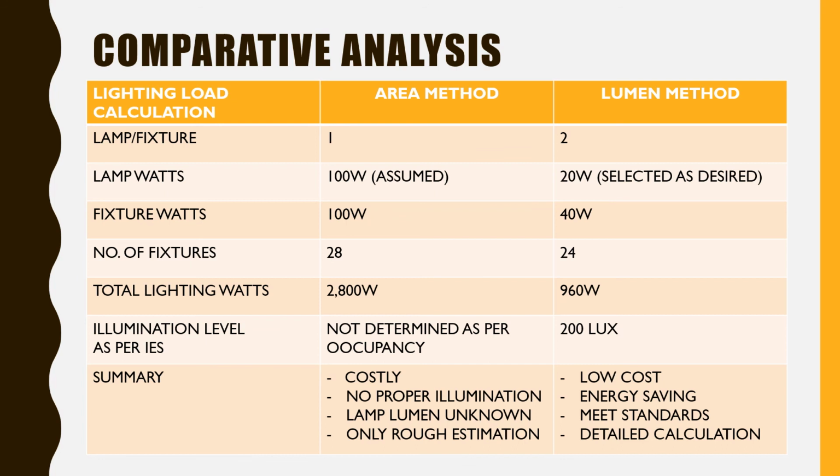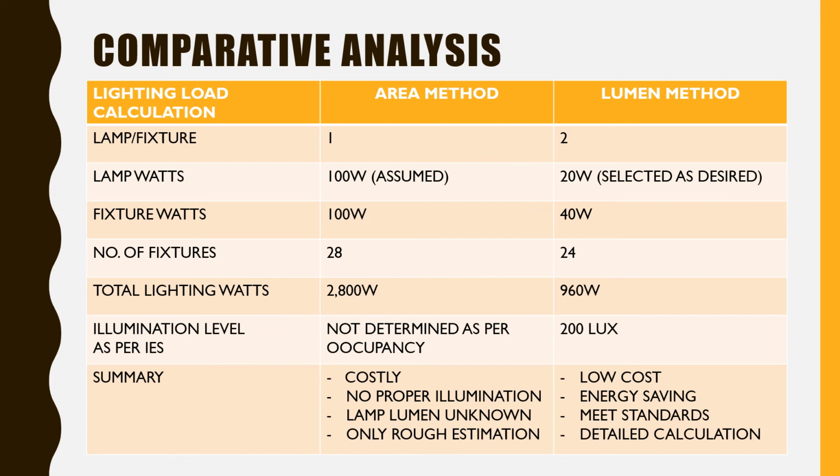So, summary: using the area method, it will be costly because you have to assume, and yet you don't know the illumination level. So also mention no proper illumination. That is correct. Lamp lumen unknown, of course, it is not given. And only rough estimation. So this is only rough estimation, the area method.